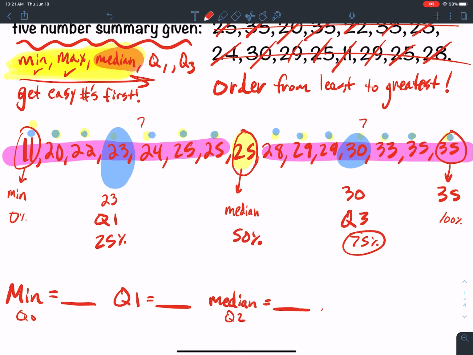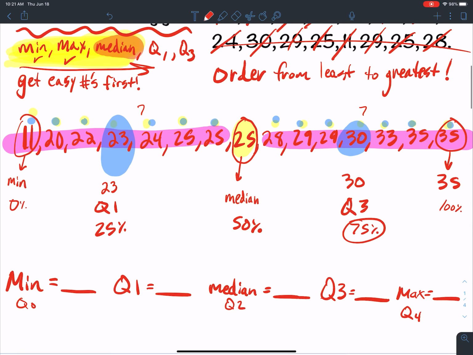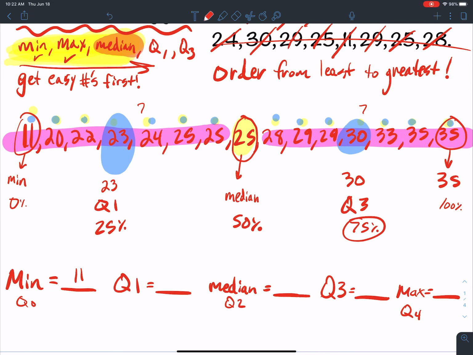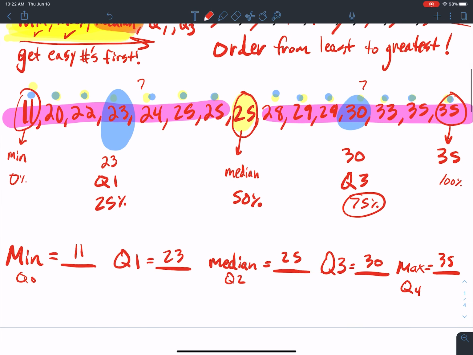Q3 equals blank, and max equals blank, and that's Q4. So what are my numbers? I put 11 here, 23 here, 25 here, 30 here, and 35 right there.